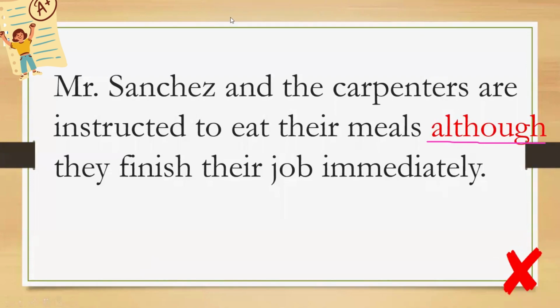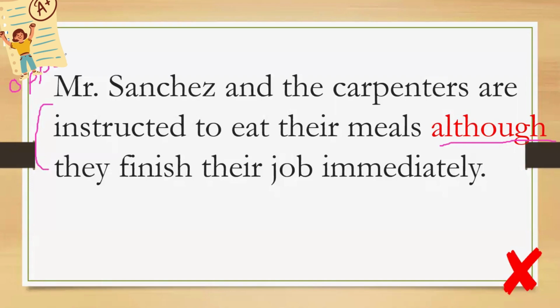Because the conjunction although would show us contrasting ideas. Mr. Sanchez and the carpenters are instructed to eat their meals. They finish their job immediately. Do you think these two sentences are opposing, or are they contrasting?